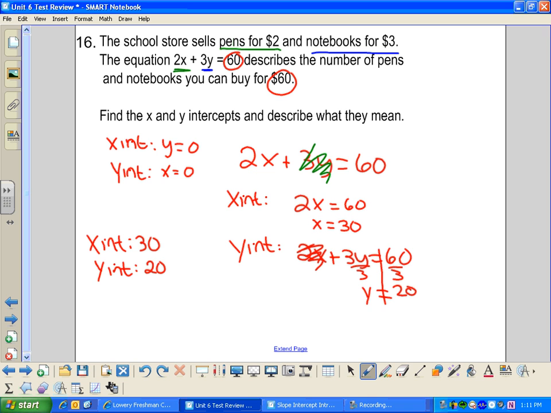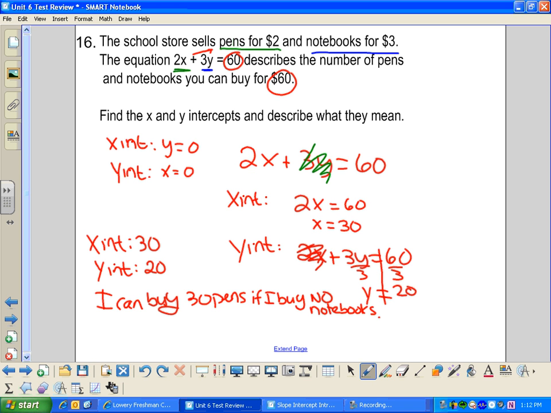But what does that mean? Well, my x-intercept, 30, is the number of pens that I can buy if I do not buy any notebooks. Buy 30 pens if I buy no notebooks.